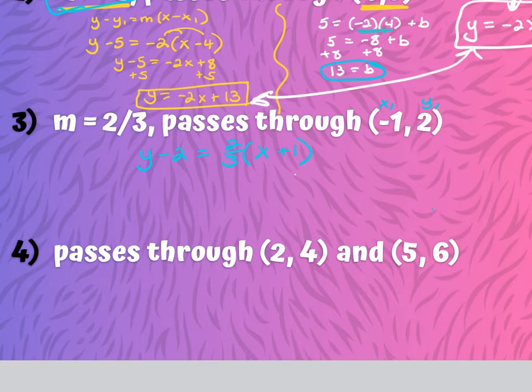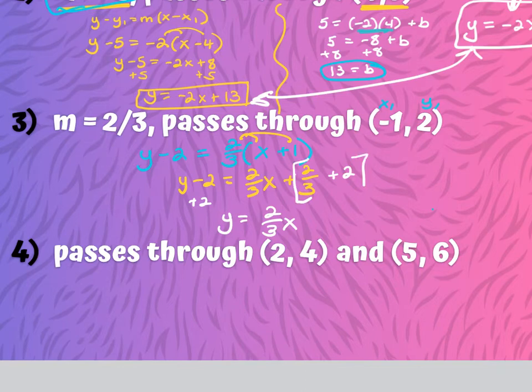I can multiply everything by 3 and then divide by 3 at the very end. Or you can distribute the fraction. Y minus 2 equals 2/3 x plus 2/3. And then add the 2. Y equals 2/3 x, 2/3 plus 2 becomes 2/3 plus 6/3, which is 8/3.